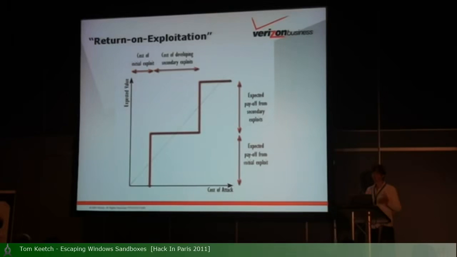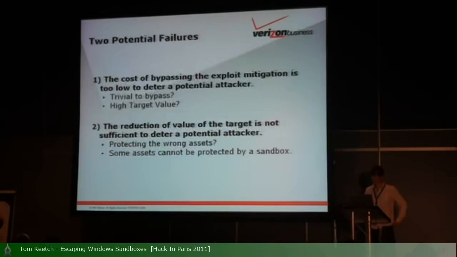One of the things I've focused on here is trying to find the cheapest way to escape the sandbox. An attack is only really viable if the expected payoff, which is a two-step payoff, is greater than the expected cost of developing that exploit. In terms of exploit mitigations, there are two ways in which this can fail.